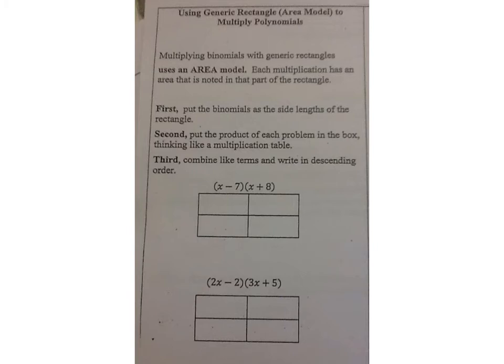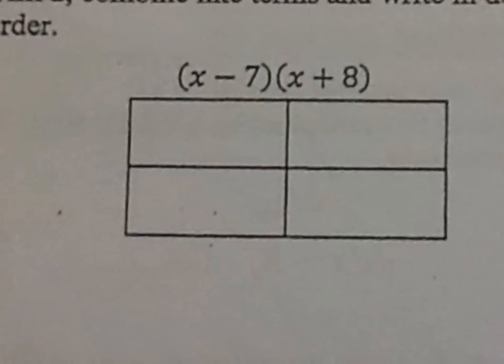So the nice thing about the area model is it gives you a way of keeping track of your multiplication problems. We're going to look at this particular one, which has two terms here, 1, 2, separated by that subtraction, and another two terms, 1, 2, separated by the addition. So now we're going to have 4 multiplication problems that we have to keep track of.